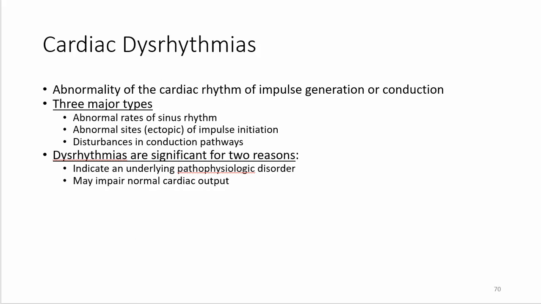And so, with the ease of electrocardiograms, looking at this may indicate or show another pathophysiological disorder. Not to mention, and as I already said, it impairs the normal cardiac output. It impairs the functioning of the heart.